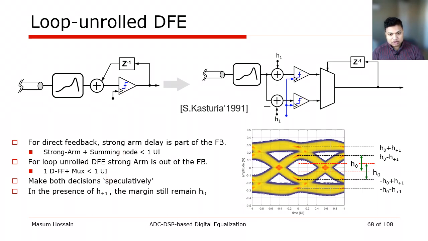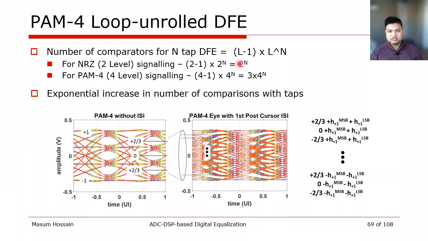This increase of the comparators actually is an exponential term. In general, for an n-tap DFE, (L-1) times L to the n number of comparators are needed. So it is much easier to implement for NRZ, but as we are moving to PAM4, we see this exponential increase, which makes it difficult.